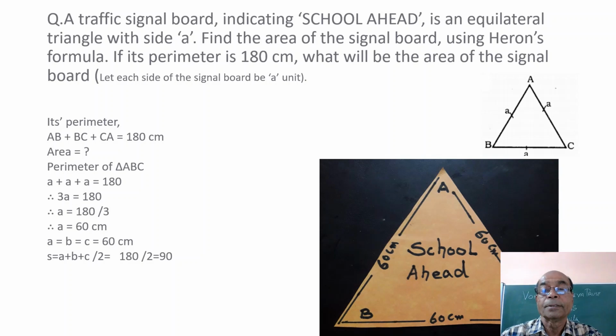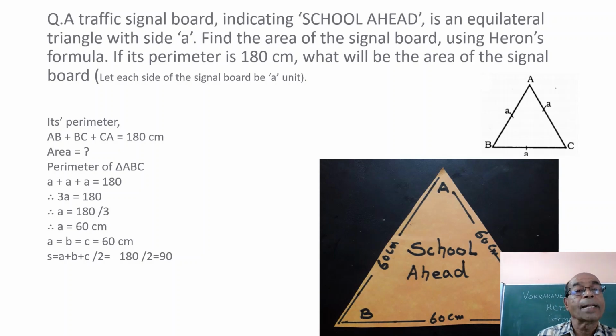This board's dimensions are given as 60 centimeter on all sides. It is an equilateral triangle. For an equilateral triangle, we can find the area by the normal method, but in this case we are trying to find the area using Heron's formula. So what do we have to do?